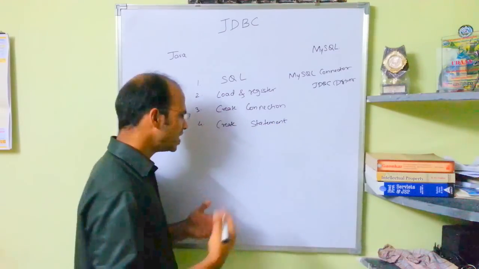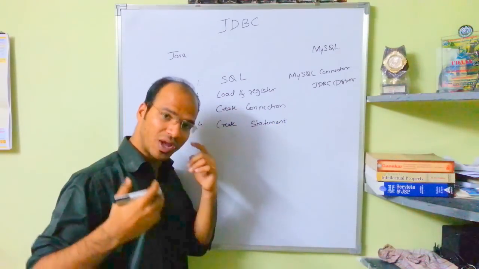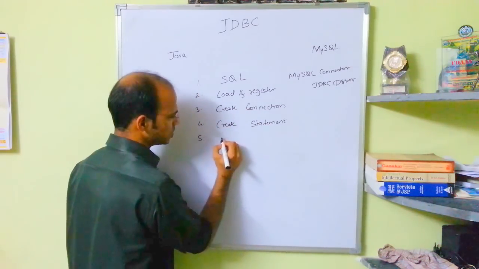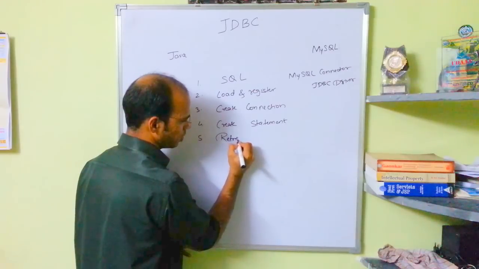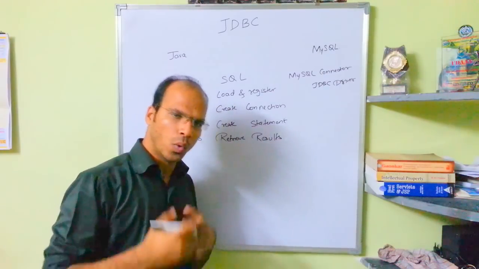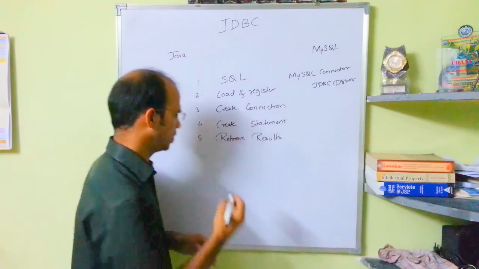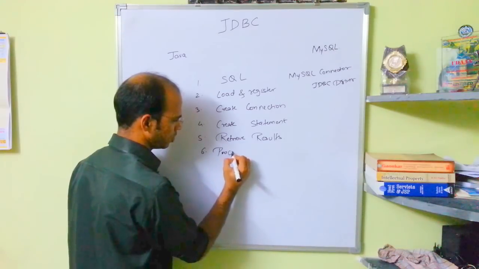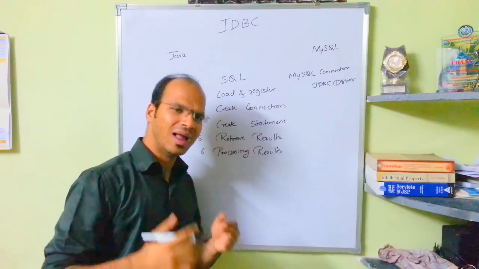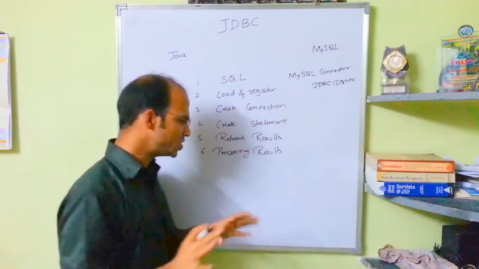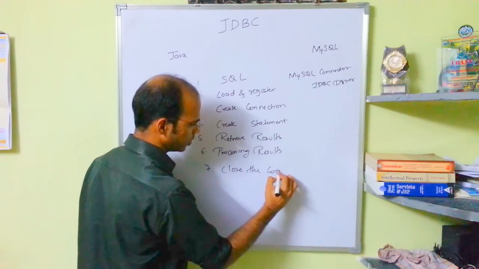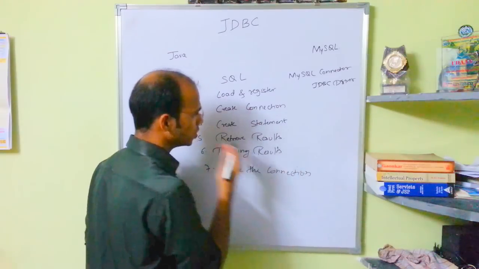Once you get the statement, you have to execute it, and that will give you some results, so the next step is to retrieve results. Once you get the results, you have to process them, so the next step is processing results. And the last step, once you're done with all that, is close the connection. So these are your 7 simple steps.